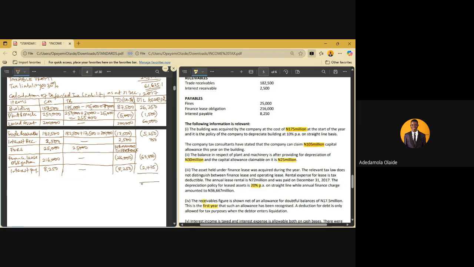So with this, what will be the net deferred tax asset or deferred tax liability? That will give us 12,975 deferred tax liability because it's a positive figure and our deferred tax liabilities are the positive figure here.